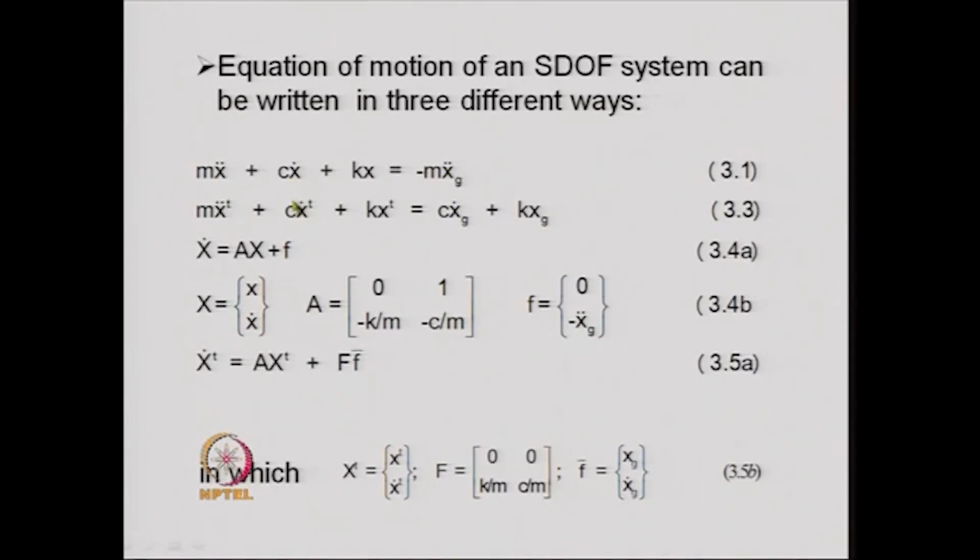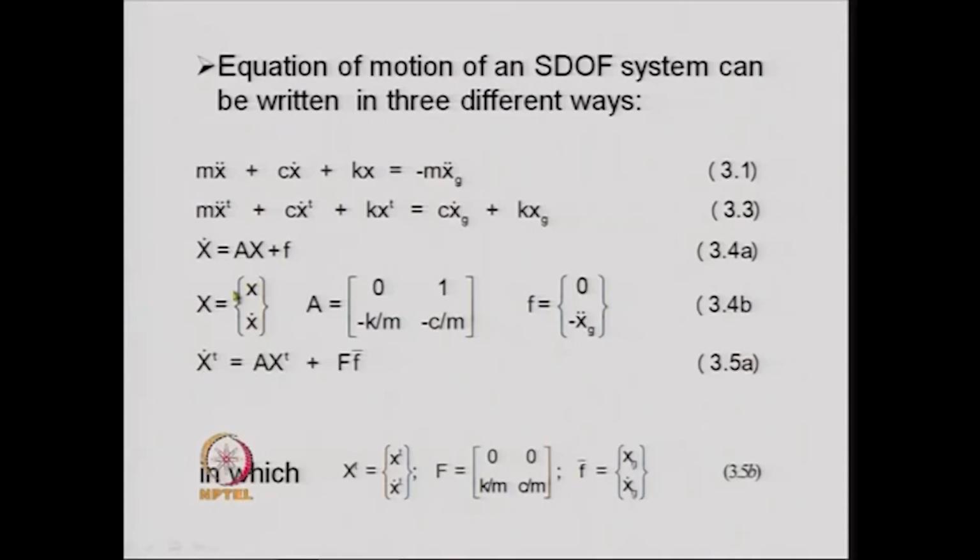Now, these two equations again can be written in the form of a state space. The concept of state space is that a dynamic system at an instant of time t can be represented by displacement and velocity.